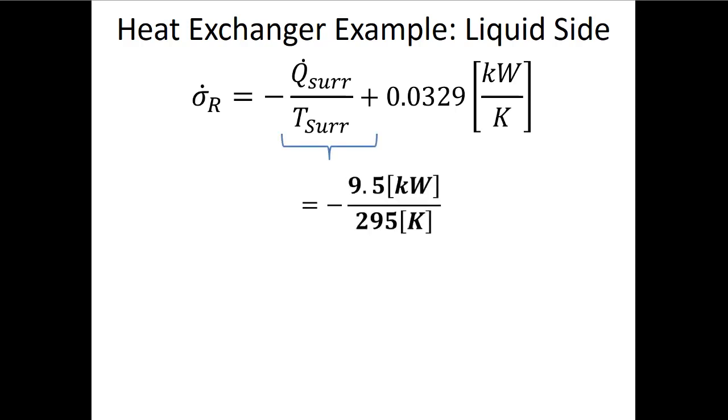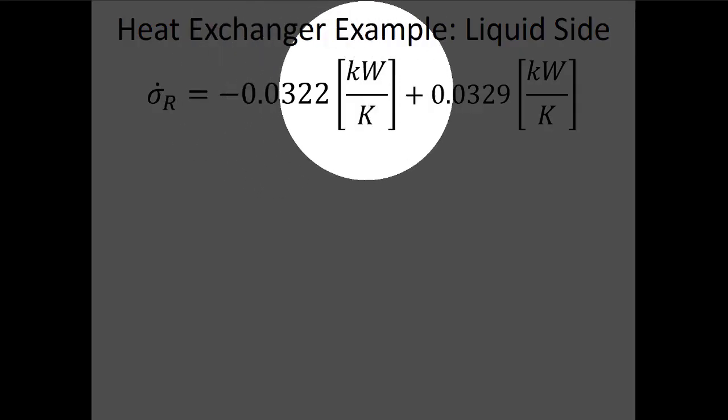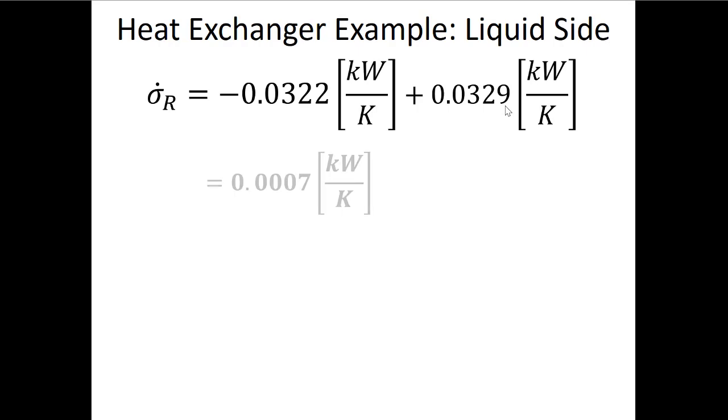So as I work this out, I get negative 9.5 kilowatts divided by 295 Kelvin, which is negative 0.0322 kilowatts per Kelvin. Now this one's pretty close. My negative term is very close to my positive term, but it's smaller. So when I work this out, I do get a small but positive entropy generation rate. So this process looks like it's possible.